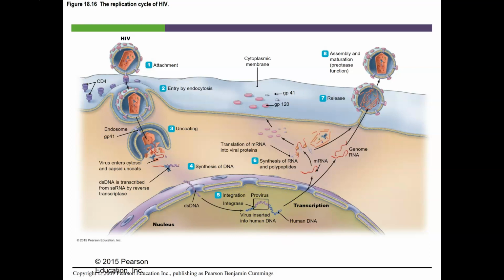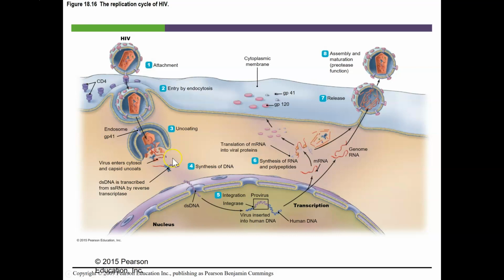HIV belongs to an RNA retrovirus family. When you look at this image here, you can see that like all viruses, HIV must attach. The virus uses its ligands to attach to specific types of cells. Then HIV performs a membrane fusion to dump its core, its nucleocapsid, inside the cell, which then gets disassembled.